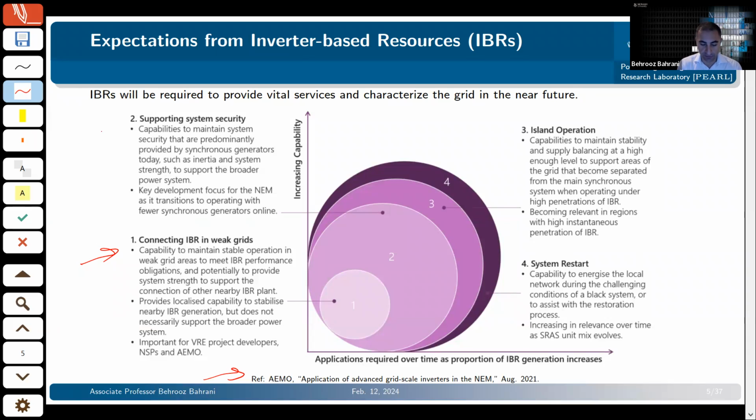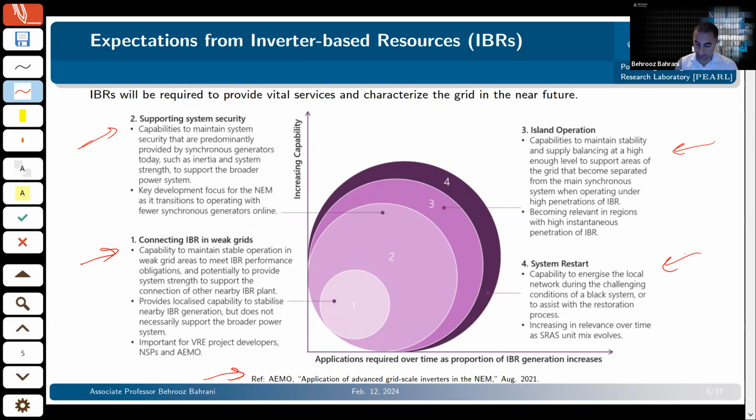We would like them to support system security and make sure that they are enabling the system to operate normally in terms of system strength, voltage support, inertial support, frequency control. We expect them to be able to operate in islanded operation.